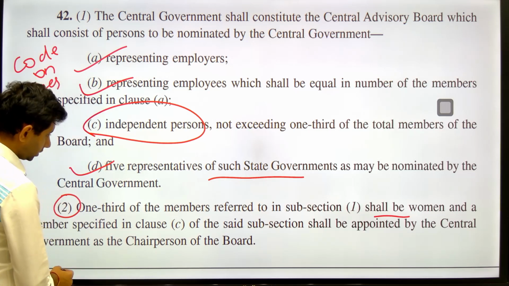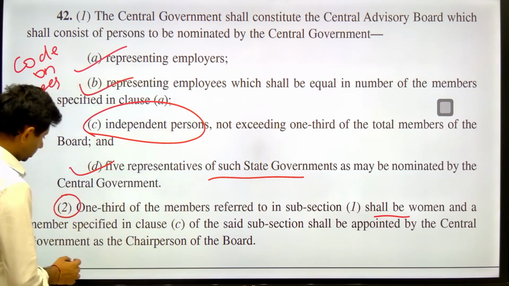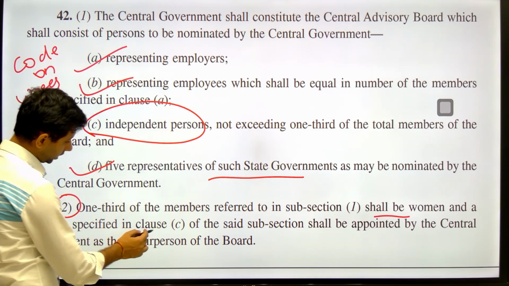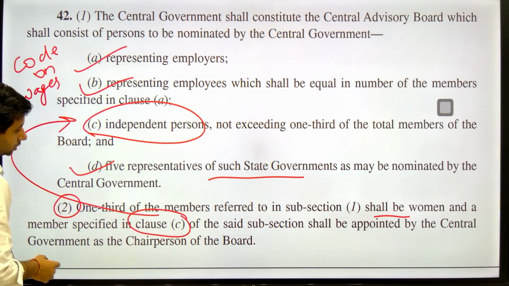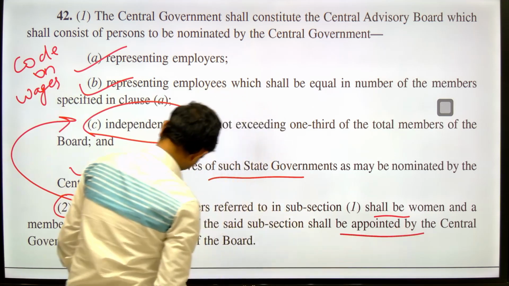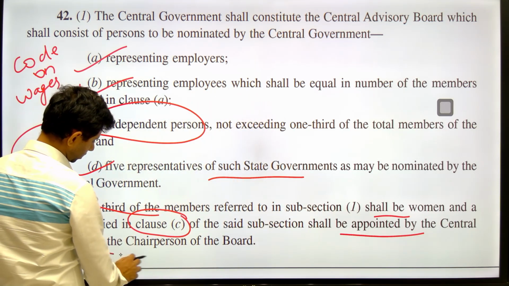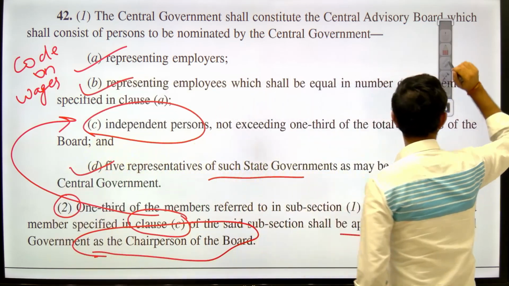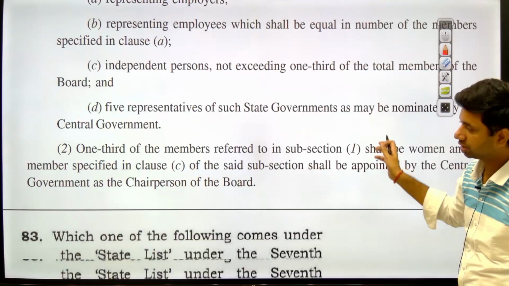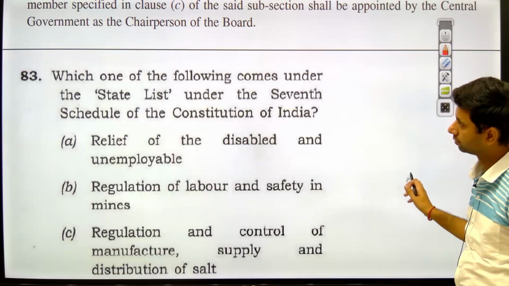And what about the chairperson? A member specified in clause C. So what is clause C? Independent persons, who shall be appointed by the central government as the chairperson of the board. The appointment of the chairperson is being done by the central government.